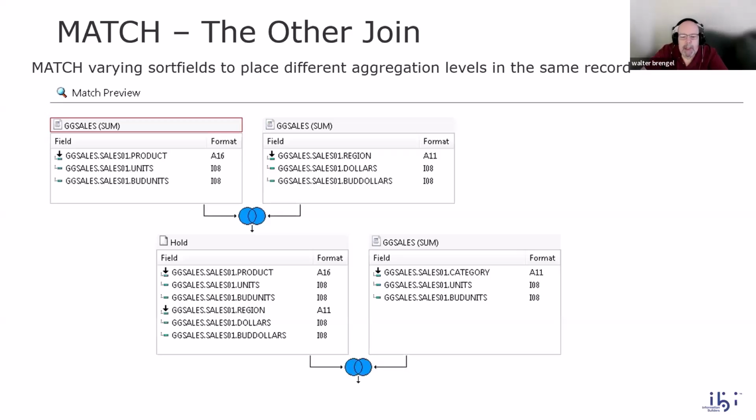Is there anything that can be done with match that cannot be done with SQL pass-through? So SQL pass-through, it depends. If you're doing something like a union in your SQL pass-through, then you're going to get basically what we're seeing here with the old or new type of output.